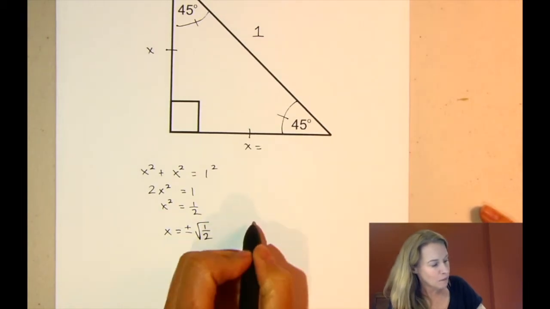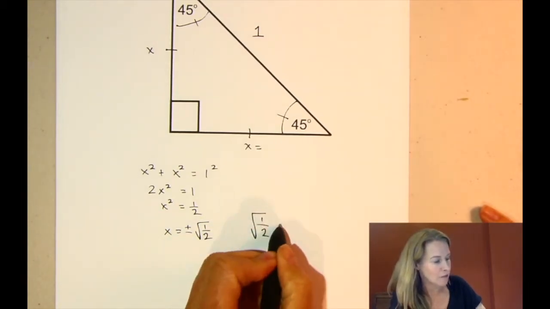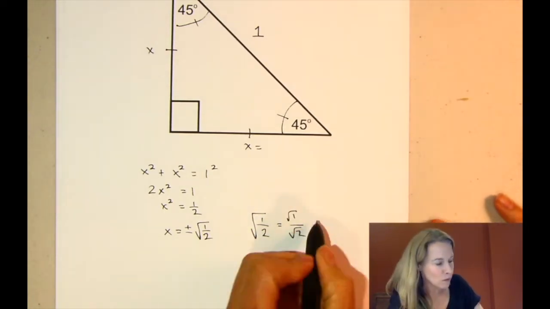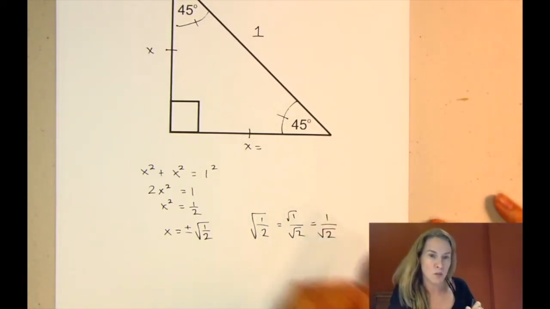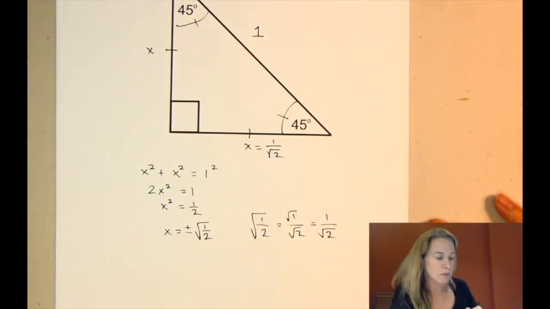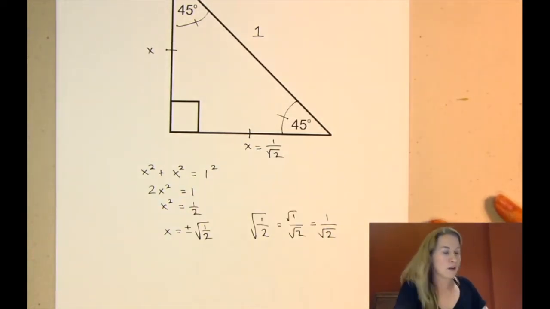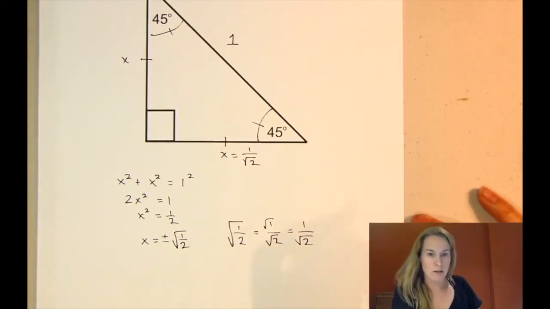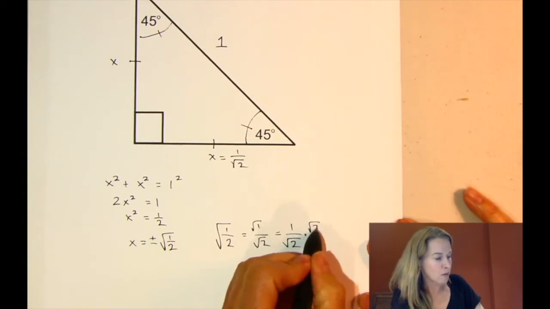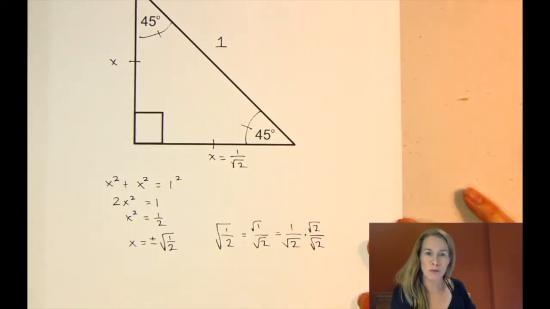And by the way, remember square root of 1/2 is the square root of 1 over the square root of 2, and the square root of 1 is just 1. So I could express that as 1 over the square root of 2. And I also could rationalize that, as a lot of us have learned to do in prior math classes. So I can multiply top and bottom by root 2 over root 2.